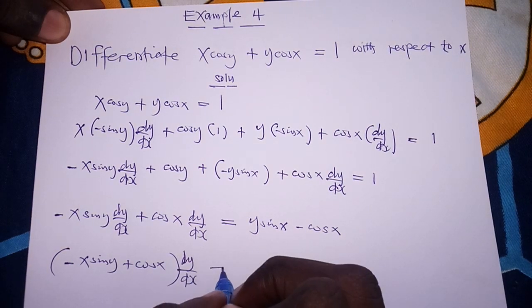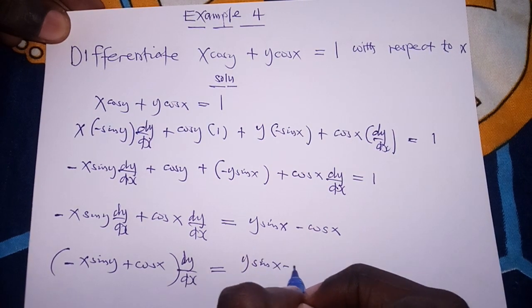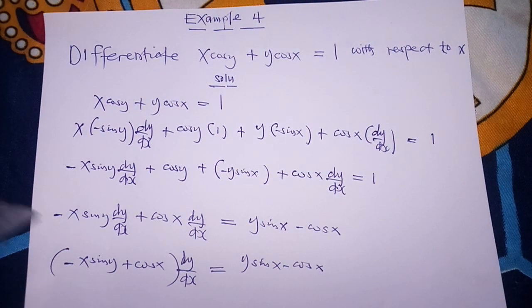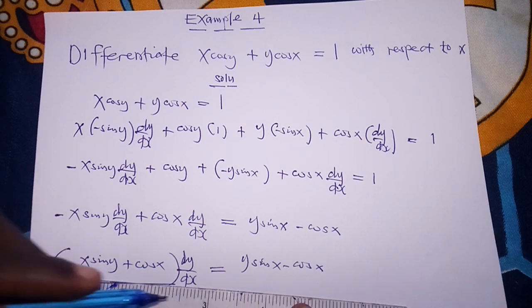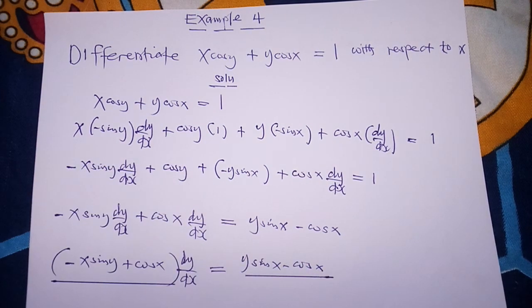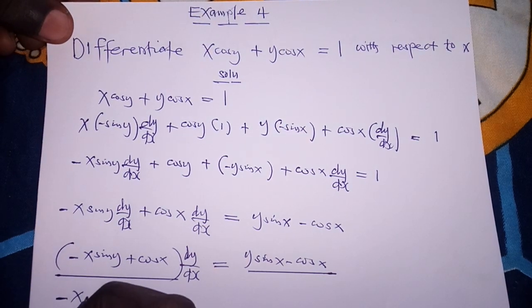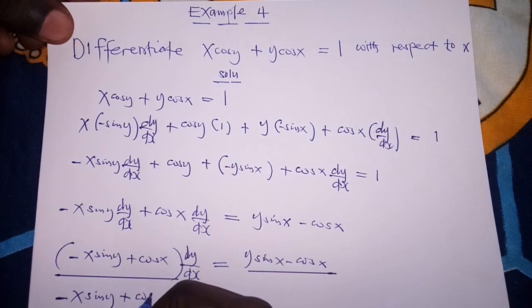Then everything becomes y sine x minus cos x. Then what are we to do here? We divide both sides. Let's divide both sides by minus x sine y plus cos x.